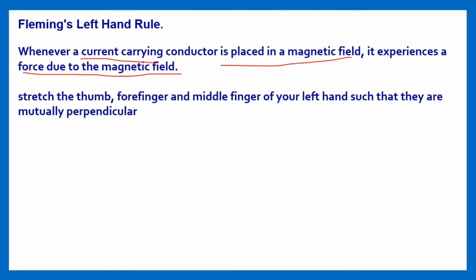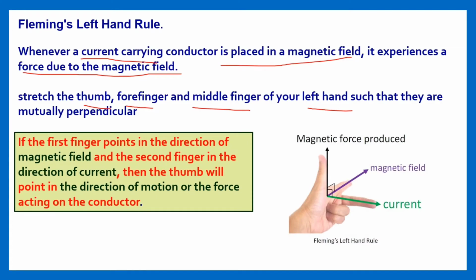Now, how can you find out the direction of force? Stretch the thumb, forefinger, and middle finger of your left hand such that they are mutually perpendicular. Here you can see the thumb, the middle finger, and then your forefinger. They are stretched like that, all perpendicular to each other, 90 degrees and again 90 degrees.